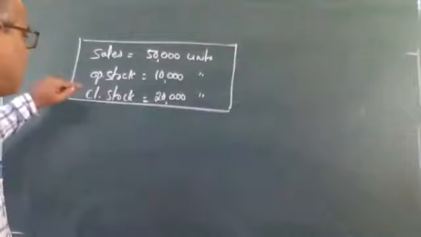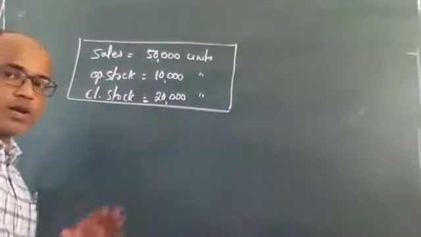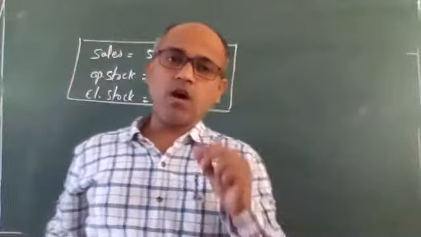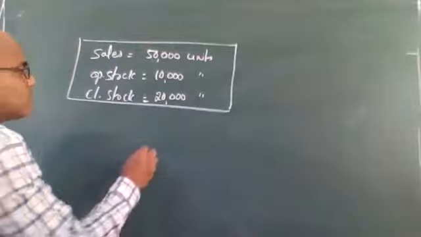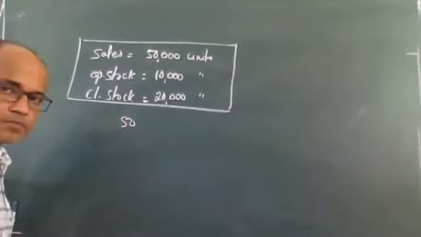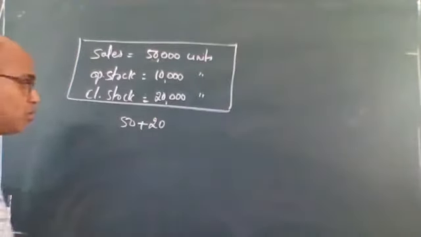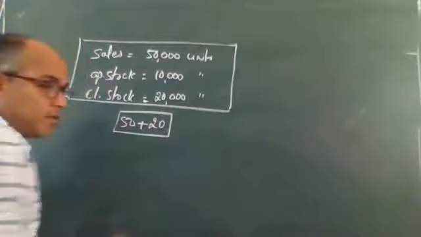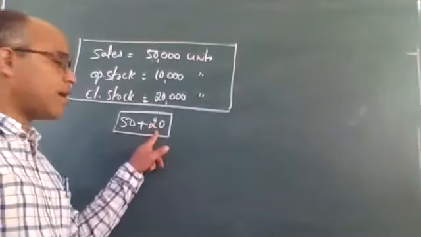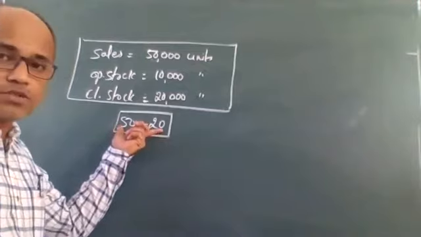But now I'm adding one more condition saying that I want a closing stock of 20,000 units in my godown. So now tell me how many units I should produce. It goes something like this. You want to sell 50 plus you want to have 20 as closing stock. So totally you need 70,000 units.